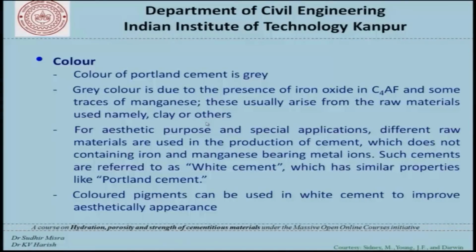For aesthetic purposes and other special applications, different raw materials which do not contain iron or manganese bearing metal ions are used in the production of cement. Such cements are referred to as white cement, which have similar properties to Portland cement, and many times such cements are required so that colored pigments can be added to improve the aesthetic appearance of the mixture.